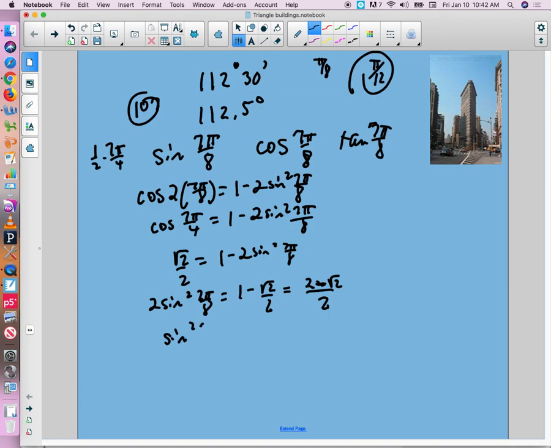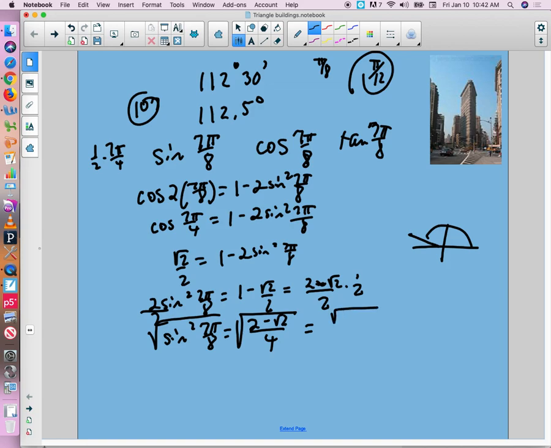So I have sine squared of 7 pi over 8 gives me 2 minus root 2 over 4 when I divide by this 2. Okay, and then I square root, and I'm thinking plus or minus. 7 pi over 8 is in the second quadrant. How do I know that? Because I'm thinking of 8 pi over 8, like I always do. Okay, so its sign is positive, so I get root of 2 minus root 2, over 2.